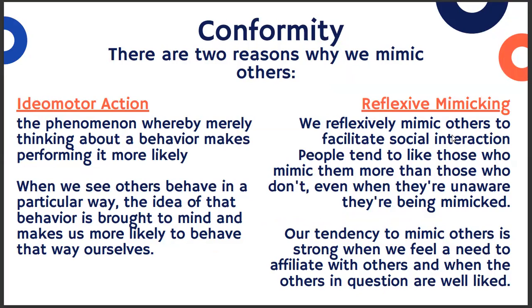The first is ideomotor action. This is the phenomenon whereby merely thinking about a behavior makes performing it more likely. So when we see others behave in a particular way, the idea of that behavior is brought to mind and makes us more likely to behave that way ourselves. Maybe there are some people that speak a certain way, or that use certain hand gestures.